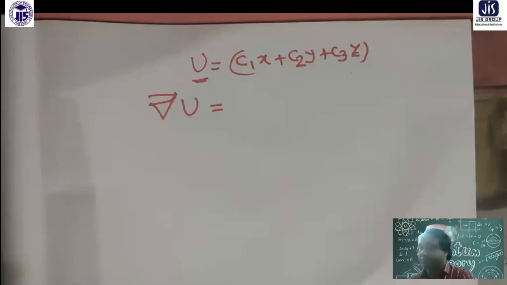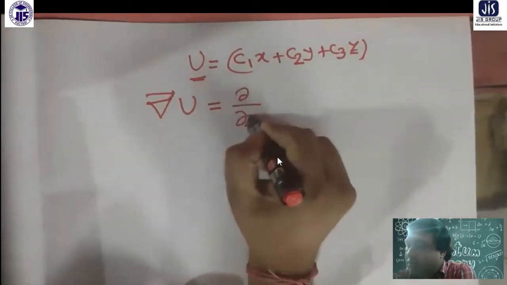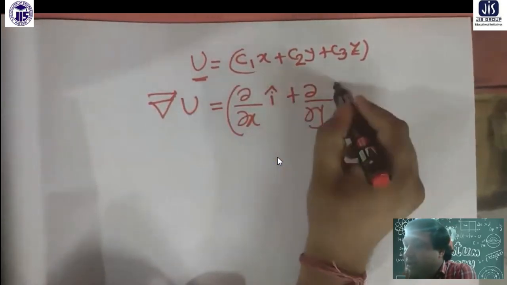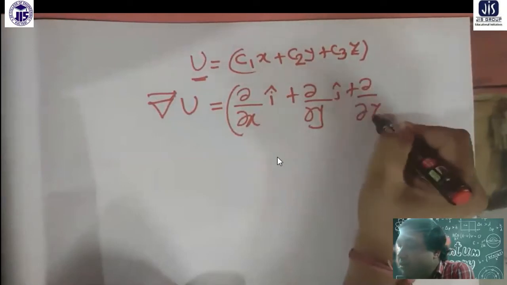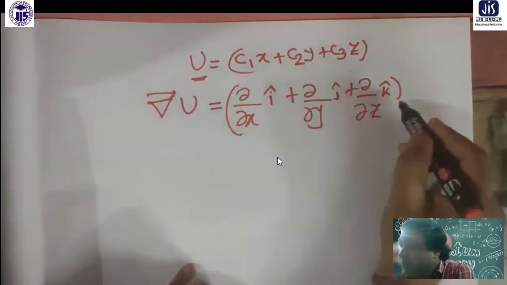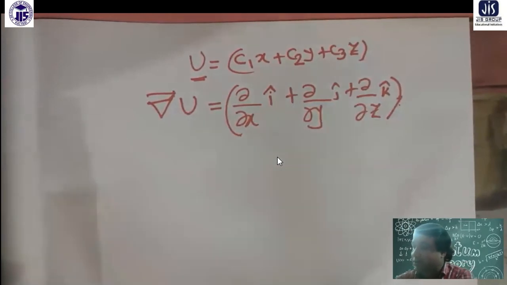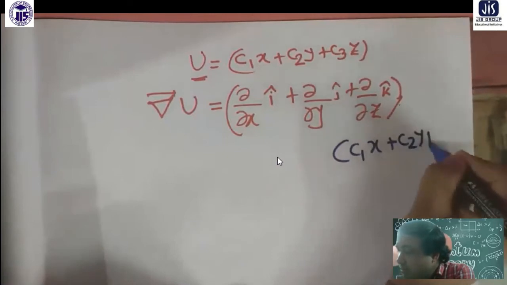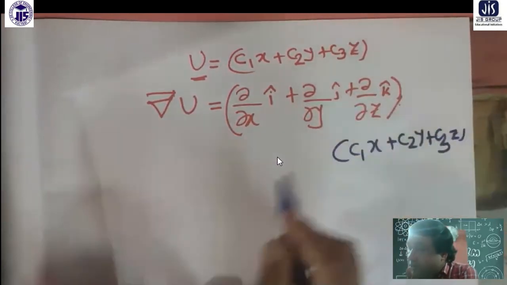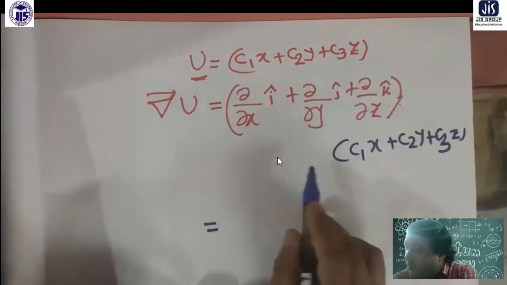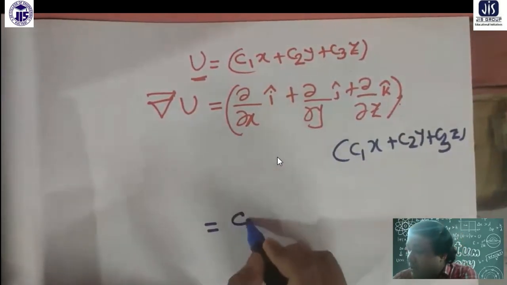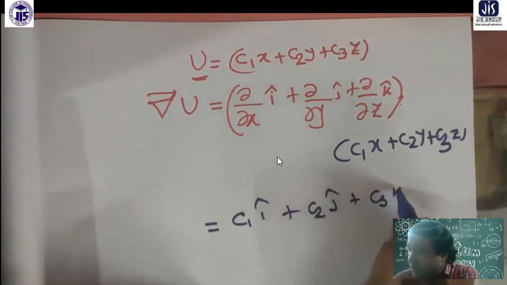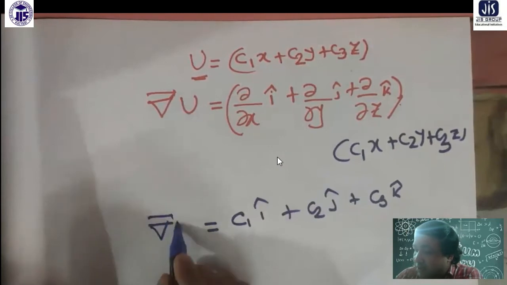Operator del/del x i, del/del y j, del/del z k on c1x, c2y, c3z. If you operate it, it will be c1 i plus c2 j plus c3 k. So this is the gradient of u.